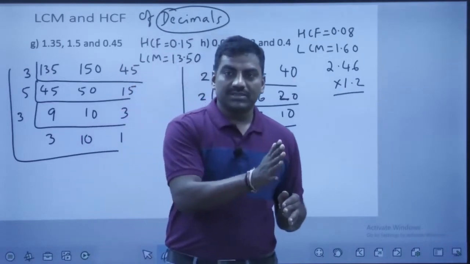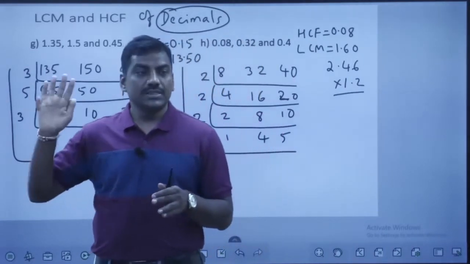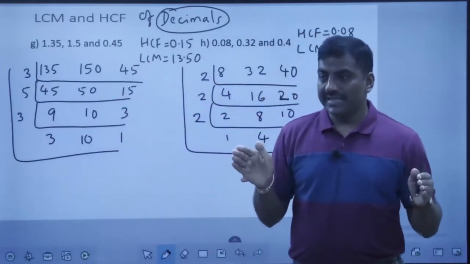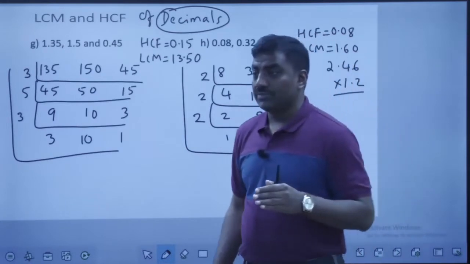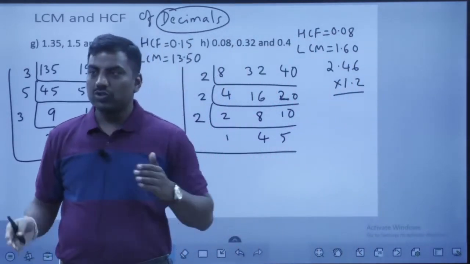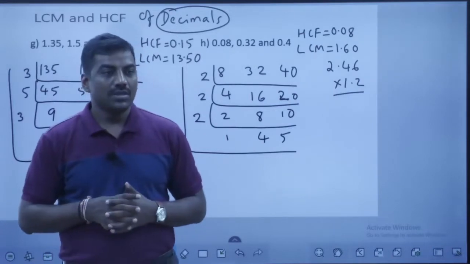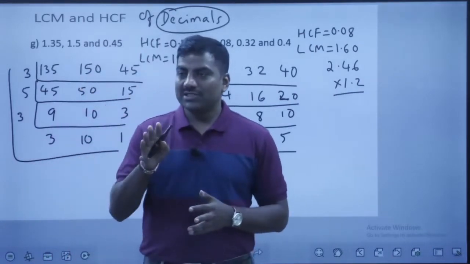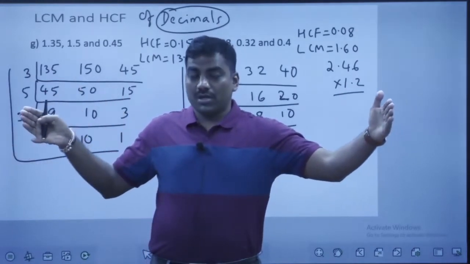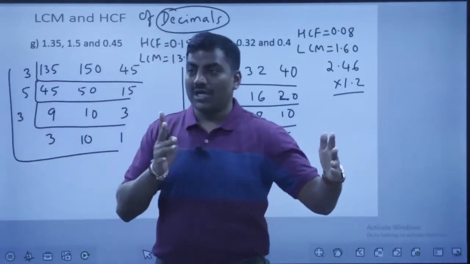One rope is 15 meters, second rope is 20 meters, third rope is 25 meters. You are cutting them into equal lengths, and those equal lengths must be the highest possible lengths. So what should be the length of the rope? First of all, decide whether you are cutting a longer rope into smaller pieces.